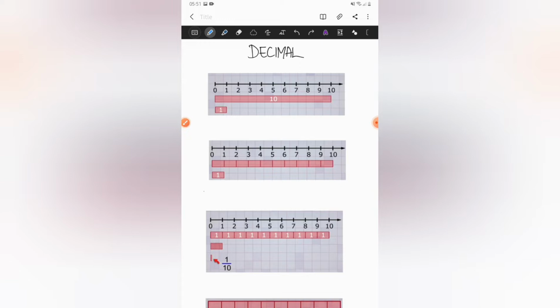The first figure you see here is the whole numbers of 0, 1, 2, 3, 4, 5, 6, 7, 8, 9 until 10.